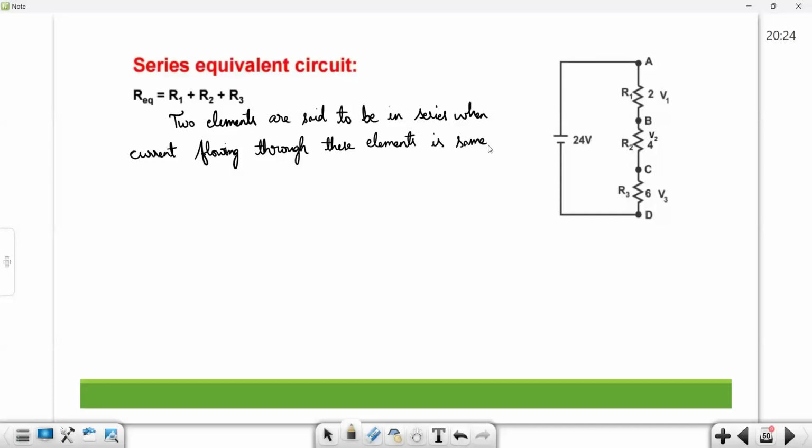Okay, done. Two or more you can take. Okay, it is not compulsory two only. You can also tell two or more.